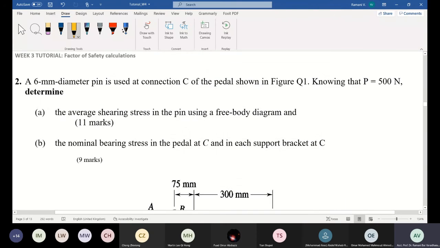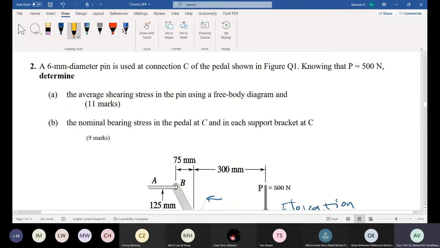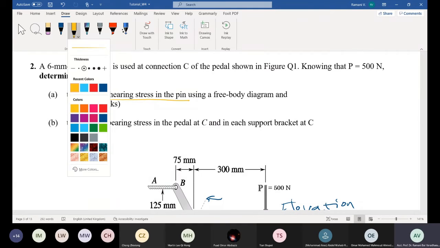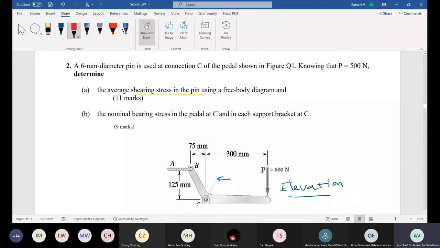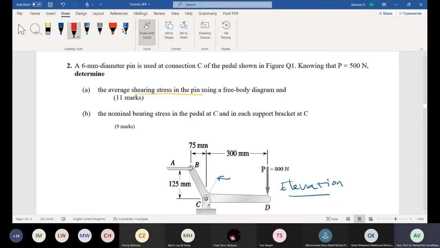Let me check. Yeah, you need to find the shearing stress in the pin, and then the bearing stress. We call this bearing because sometimes the unit acts as a bearing. This is a bearing. Okay. Nominal bearing stress in the pedal.